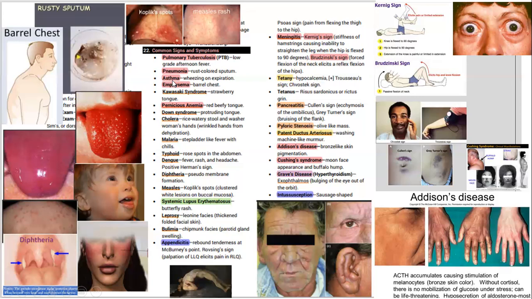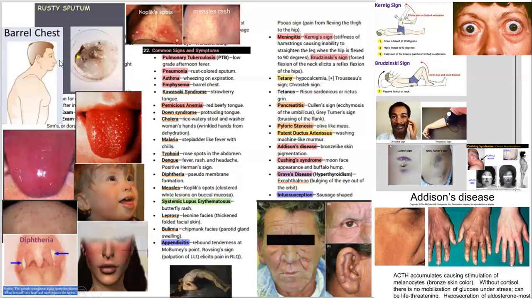In case of asthma, we see wheezing on expiration. If you put the stethoscope, you can hear a musical sound, wheezing. In case of emphysema, we say the patient has a barrel-shaped chest.